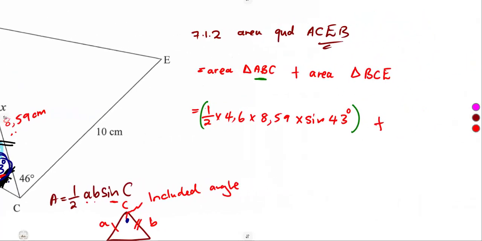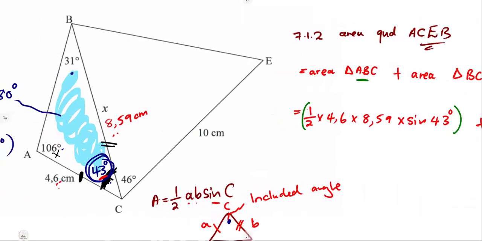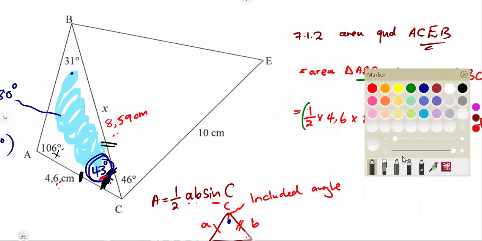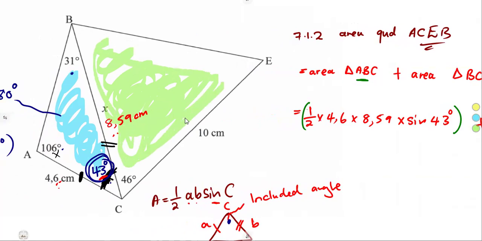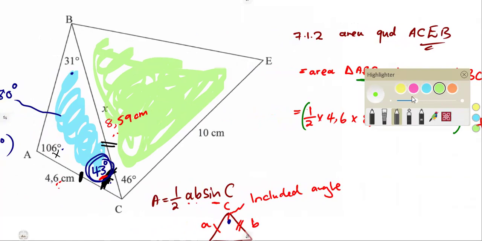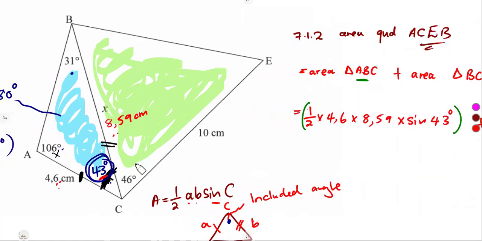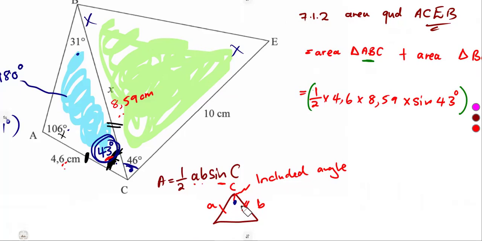Now we move on to triangle BCE. Here we must have the same scenario as the previous case, where there is an included angle. If we check in this triangle, the only angle that we are given is 46 degrees, at C. Are we having two sides that are creating that angle?